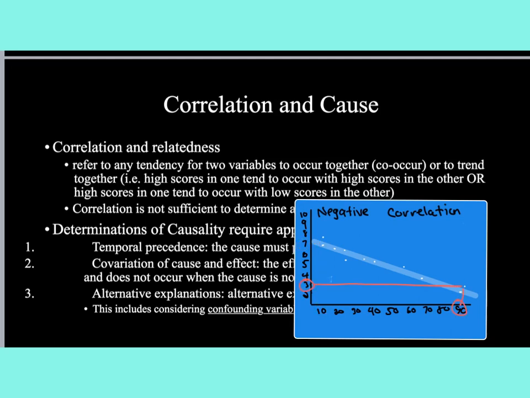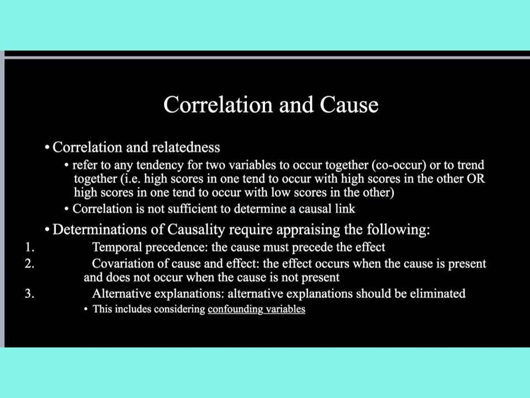This is a concept you should have learned about in statistics. What we must keep in mind is that correlation itself is not sufficient to determine a cause-effect relationship. Just because things tend to co-occur does not mean that either one of them is based off the other one. In fact, we must have several things at a minimum to help us deduce causation. First, we must consider something called temporal precedence.